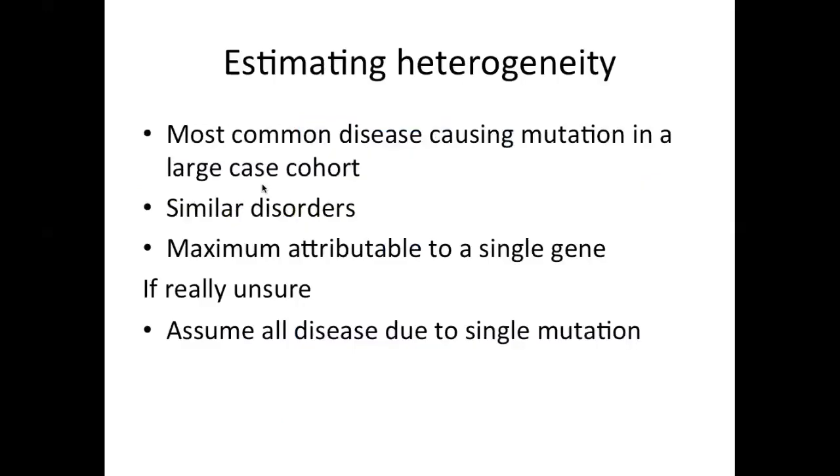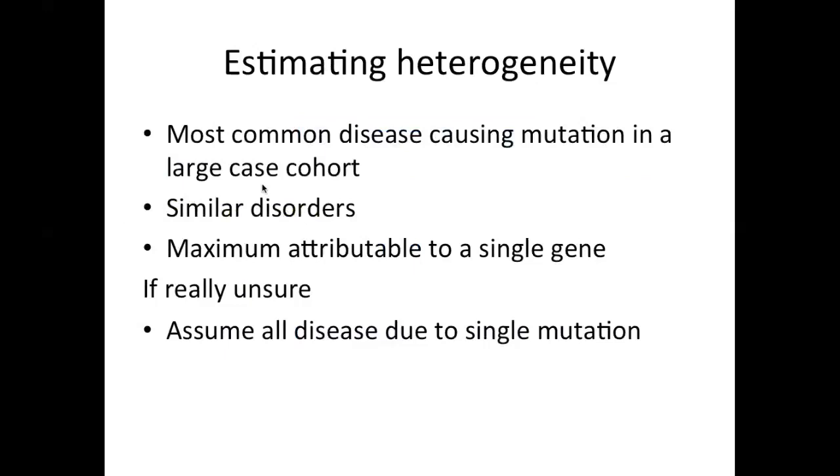A question that I commonly get asked is, well, great, you have these 6,000 individuals. That means for HCM you've managed to define this quite nice figure for heterogeneity, and this is actually a lot more difficult for other disorders. So how else can we estimate heterogeneity? This first approach is what we did here: we looked for the most common disease-causing mutation in a large case cohort, but we obviously don't always have these.